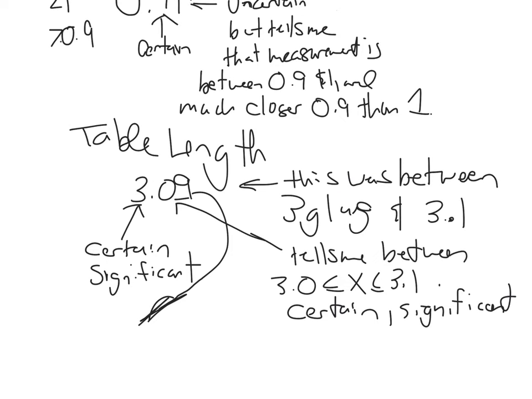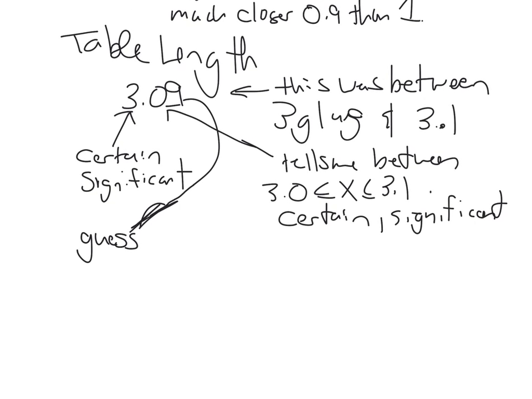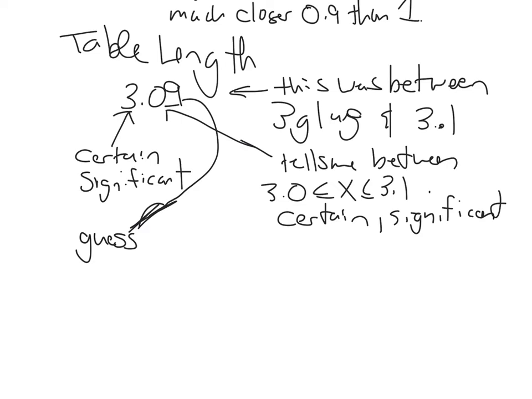I know it's between 3.0 and 3.1, but the 9 here is what we'd call a guess. I know it's somewhere between certain values. Again, it's between 3.0 and 3.1.